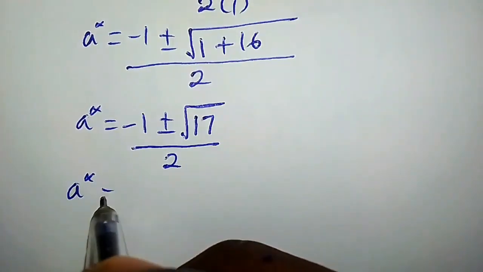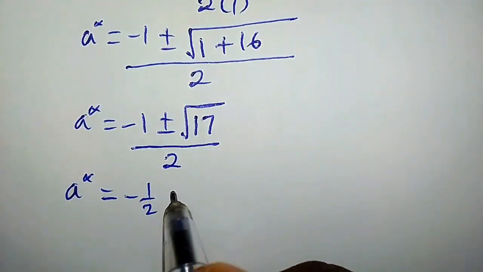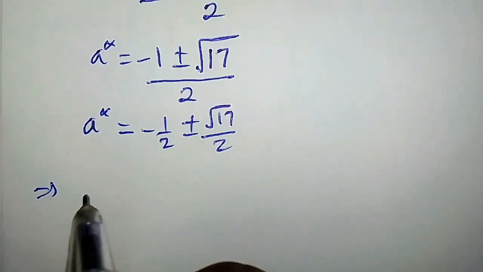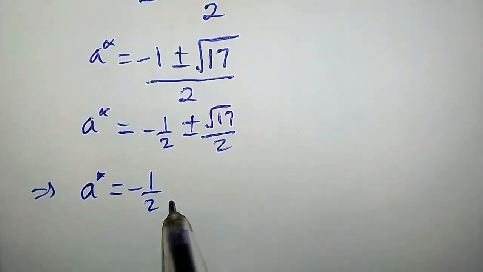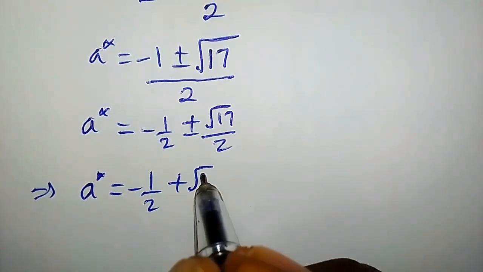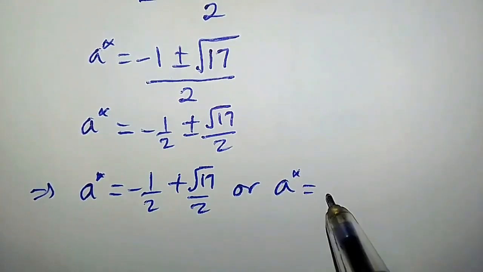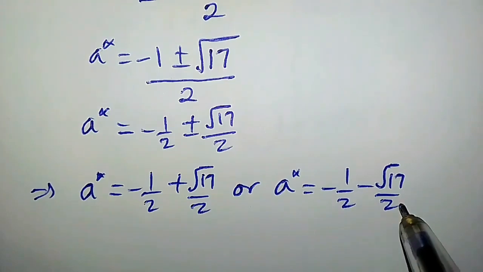The right hand side could be written as minus 1 over 2 plus or minus square root of 17 over 2. This implies that A star is equal to minus 1 plus square root of 17 over 2, or A star is equal to minus 1 over 2 minus square root of 17 over 2.